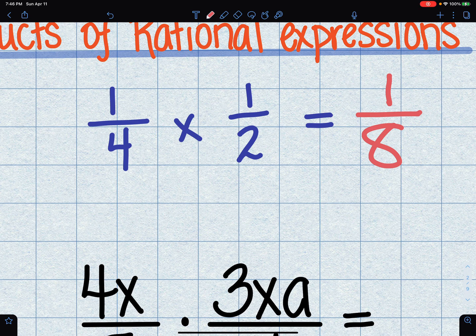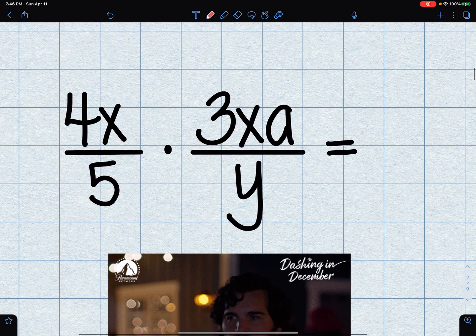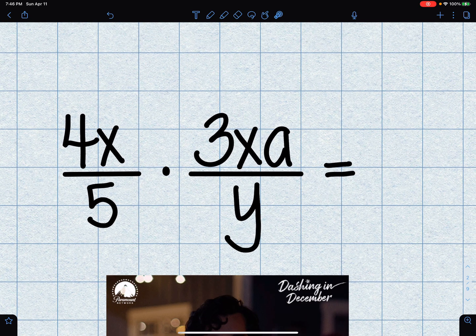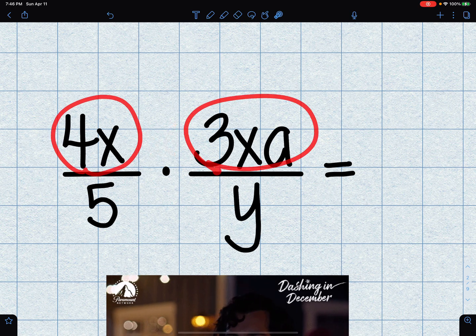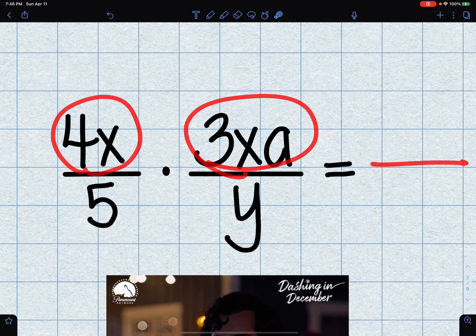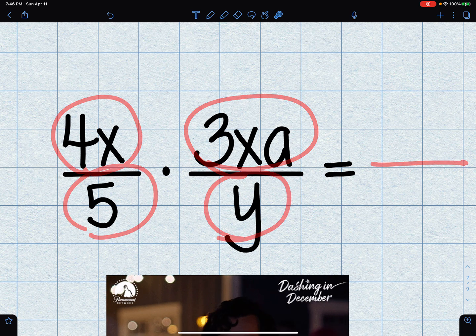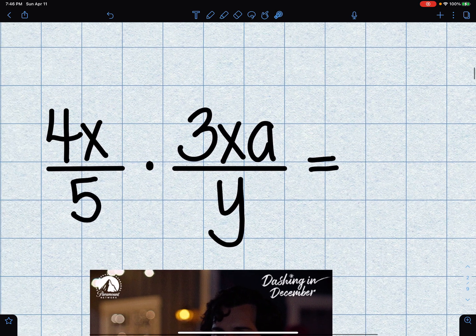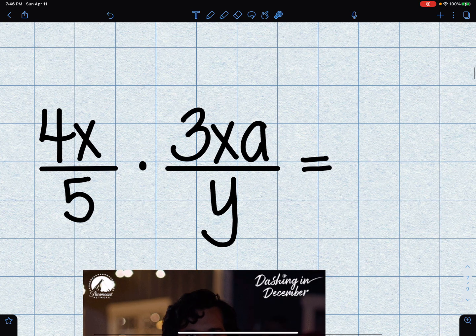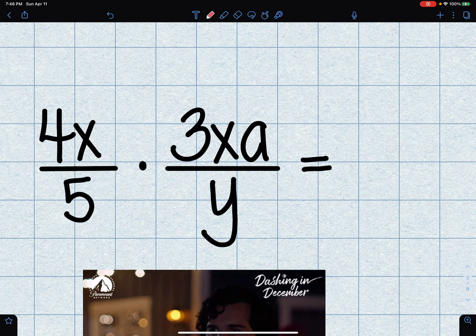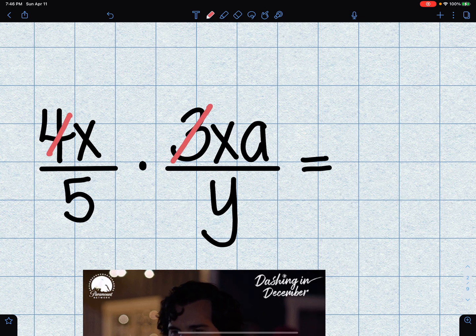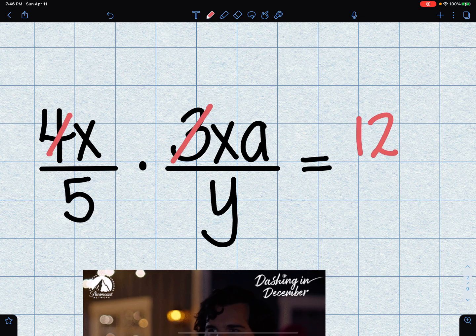It's the same type of thing when you're multiplying something really complicated like this. You're just going to multiply straight across. This times this is going to be your new numerator, and this times this is going to be your new denominator. So let's do it just to make sure that we understand how. If we're multiplying 4x times 3xa, that's easy because we just multiply these numbers first, the 3 and the 4, and you get 12.